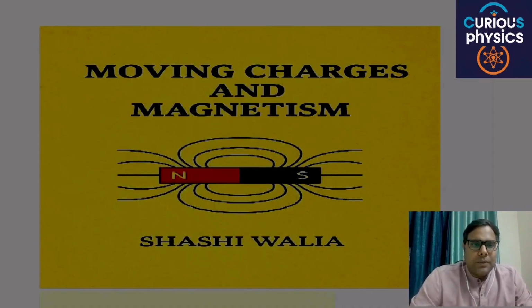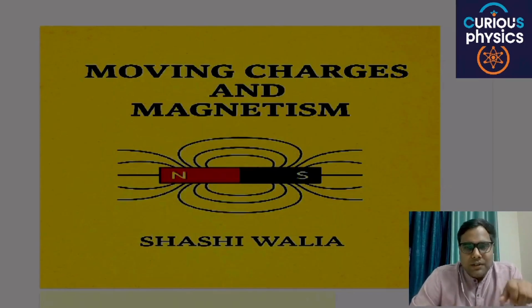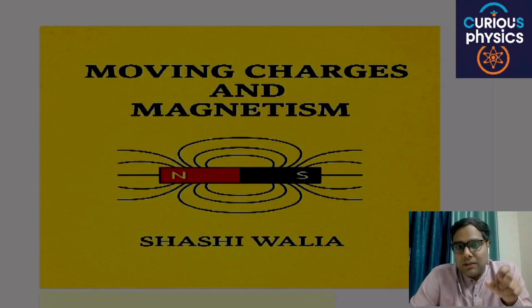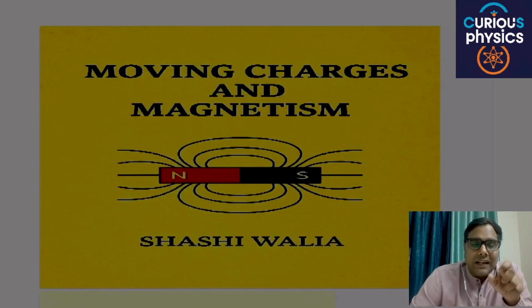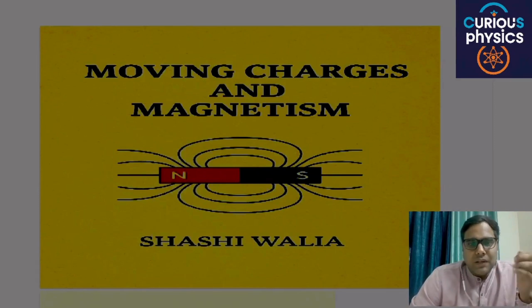The name of the chapter is Moving Charges and Magnetism. In your first and second chapters, you studied electrostatics, meaning the behavior of charges when the charges are at static condition.